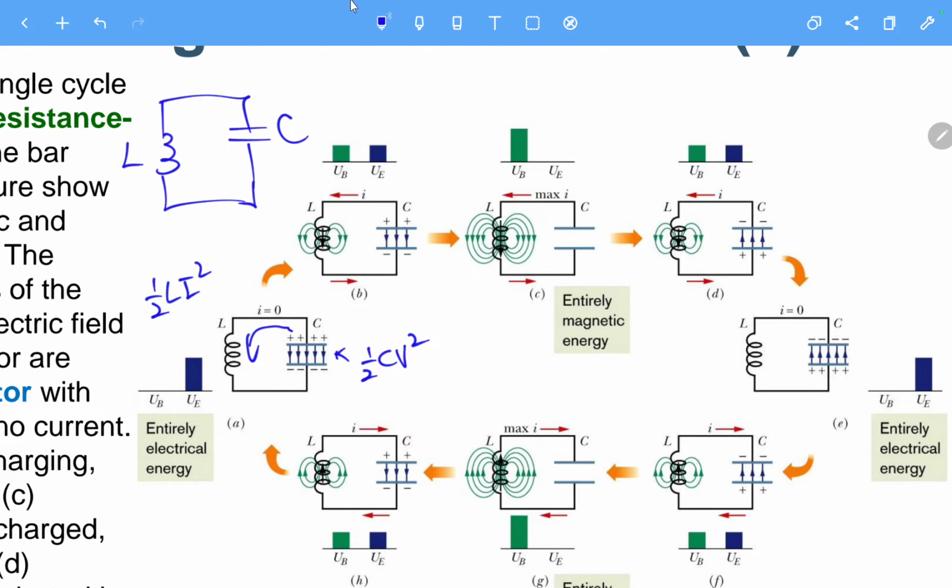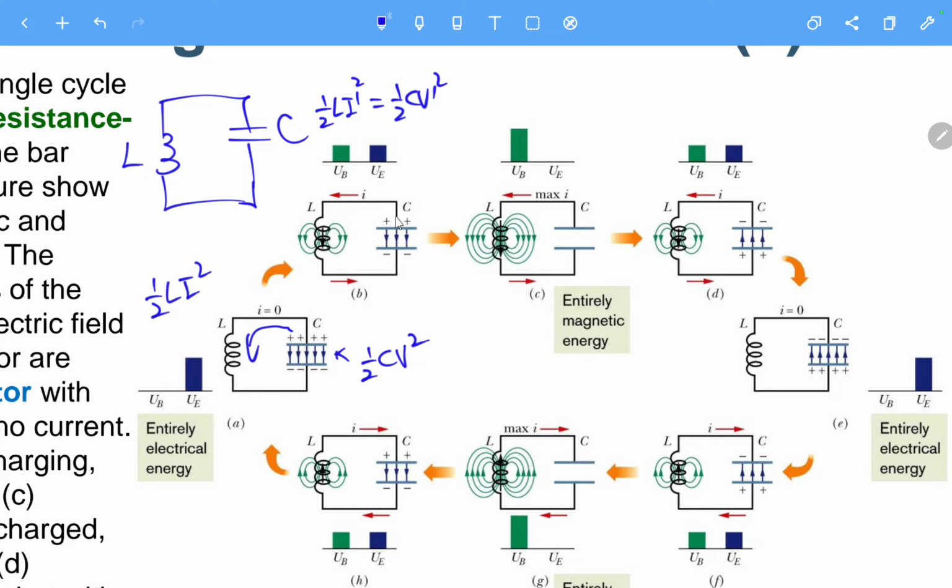Some moment later, the energy stored in the inductor will be the same as the energy stored in the capacitor: UB equals UE, which means 1/2 Li squared is 1/2 CV squared. In between, UE is larger than UB, and UE is decreasing because V is decreasing, and I is increasing. Up to a point, UB and UE are the same.